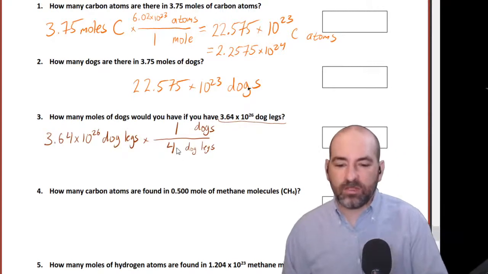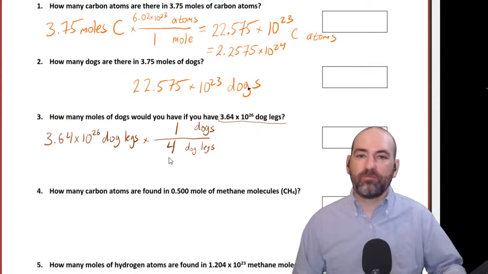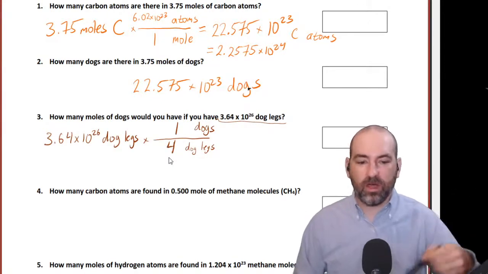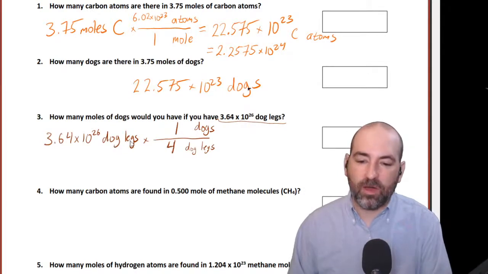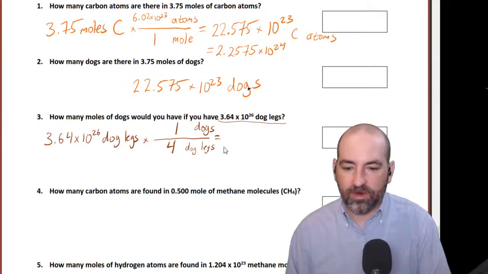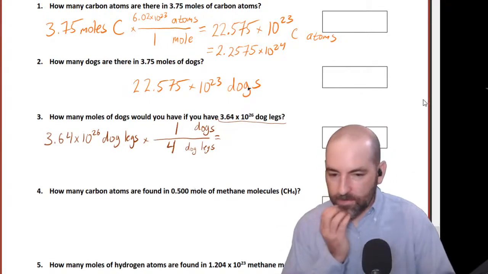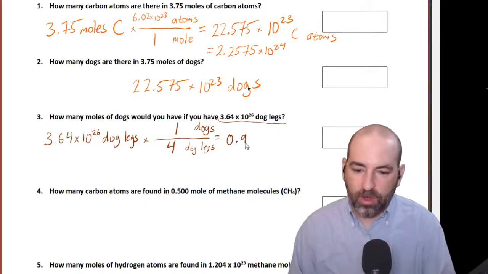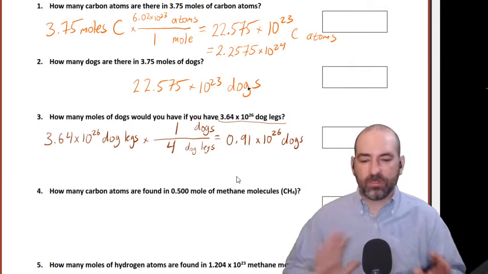And notice that, if I just said how many dog legs per dog, I would have put 4 dog legs over 1 dog, because that's the more natural way of thinking of that conversion. But when I follow the units, I know I have to cancel dog legs and be left with dogs. So let's do that one first. So that's going to give me 0.91 times 10 to the 26 dogs. Again, I could correct this scientific notation by adjusting it, but I'm just going to leave it.